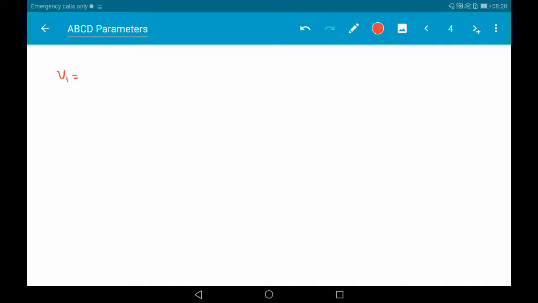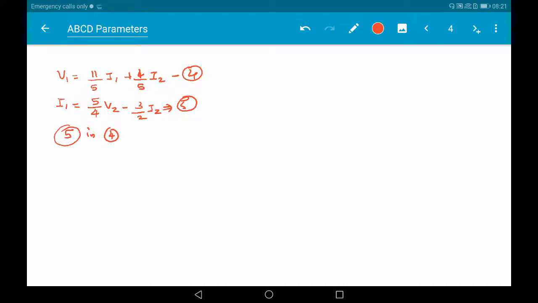V1 is equal to 11/5 I1 പ്ലസ് 4/5 I2. ഇതാണ് ഇക്വേഷൻ നമ്പർ 4 ഉണ്ടായിരുന്നത്. അതിനകത്ത് ഇക്വേഷൻ നമ്പർ 5, I1 is equal to 5/4 V2 മൈനസ് 3/2 I2. ഇതാണ് ഇക്വേഷൻ നമ്പർ 5. അപ്പോൾ നൗ സബ്സ്റ്റിറ്റ്യൂട്ട് 5 in 4.